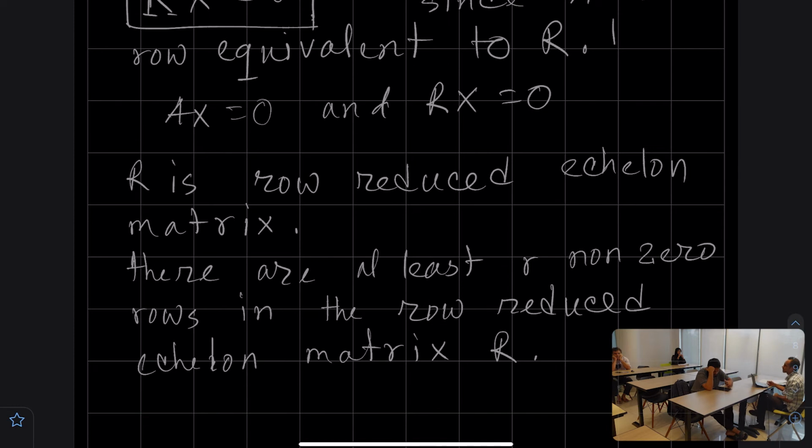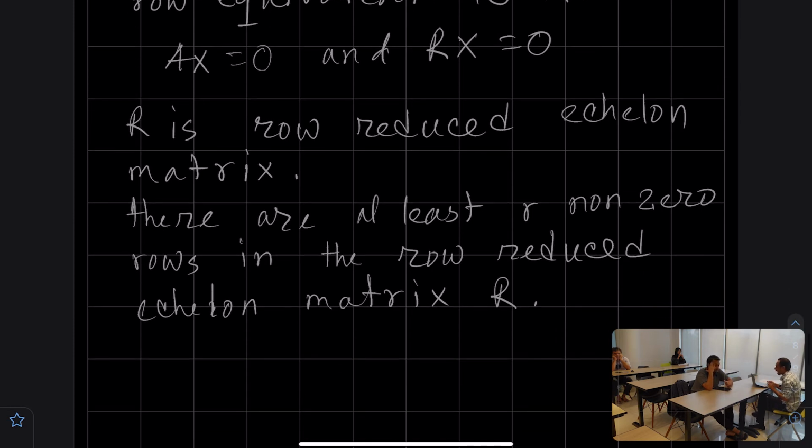And I can write the r leading variables for the system Rx equal to 0.